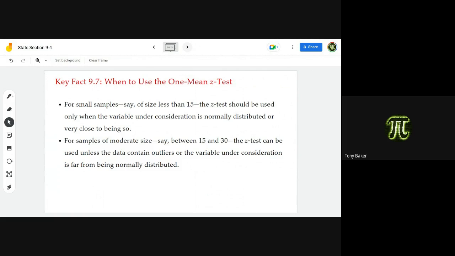If your sample size is between 15 and 30, because remember 30 is where we don't have to worry about it, you can use it, again, as long as it's not very far from being normally distributed. So we'd have to make sure that it's pretty close to being normally distributed and that there are no outliers that are going to totally throw off the data.